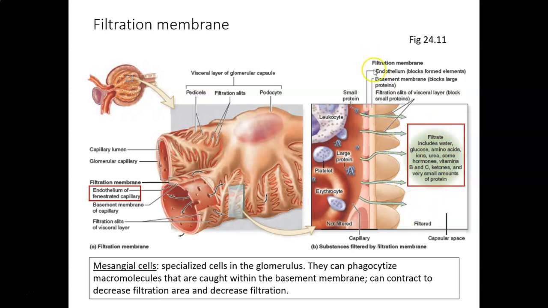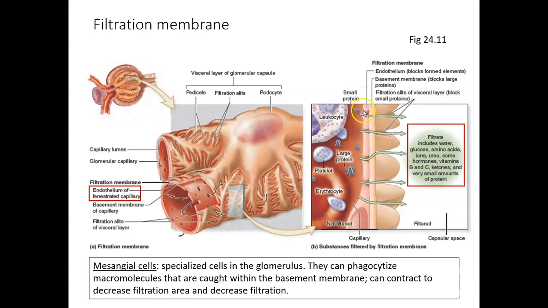The filtration membrane refers to the endothelial cells lining the capillary vessel, and as I mentioned already, that's the fenestrated type of capillary. You can see there are a lot of windows or holes in the capillary membrane, to facilitate the substances in the plasma getting out, so it can filter a large amount of blood at the same time.